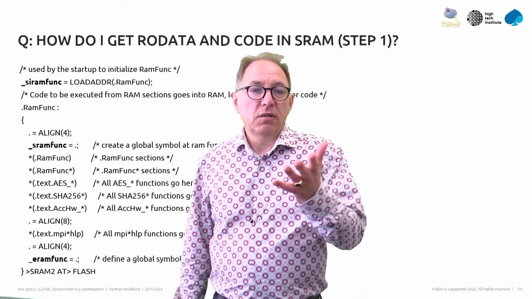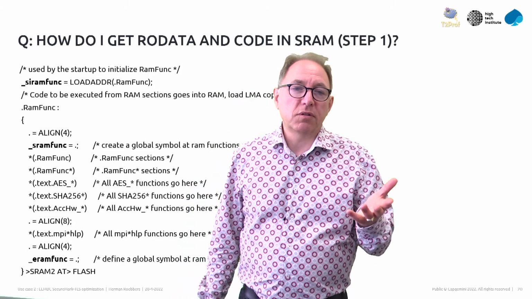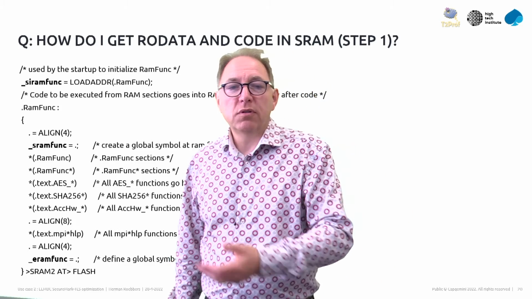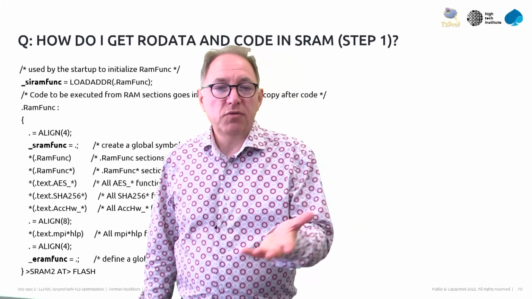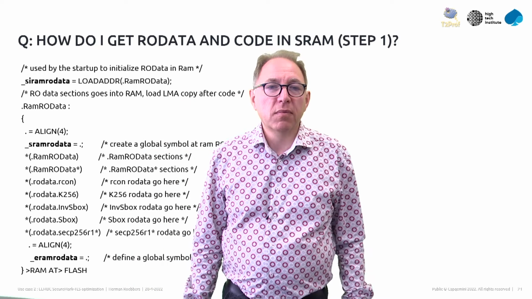And by specifying certain names in the text segment or in the ramfunc segment, we can make sure that these are actually moved into that area. So, and the data for SRAM2 lives in the flash. That's what the last line basically tells you.